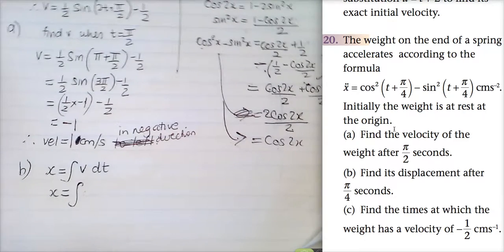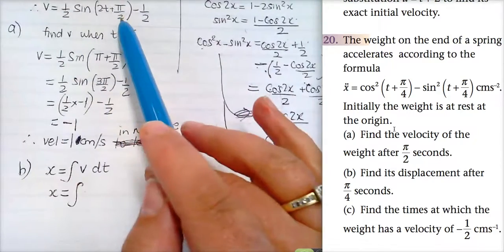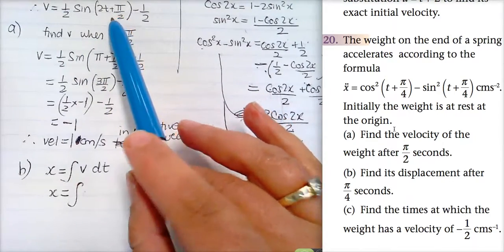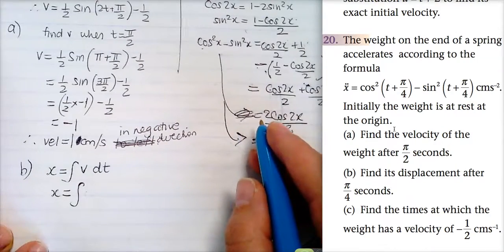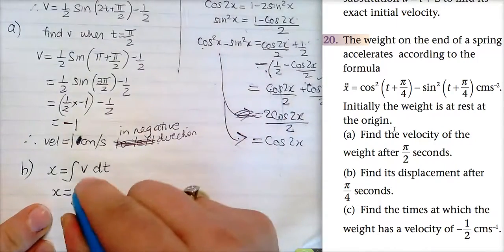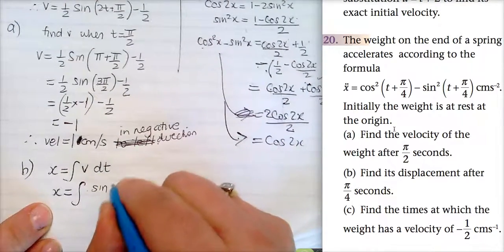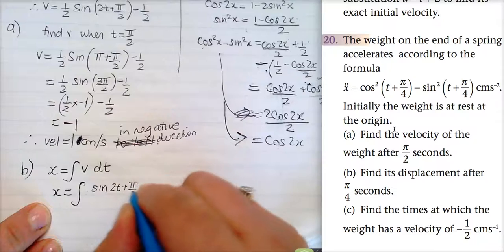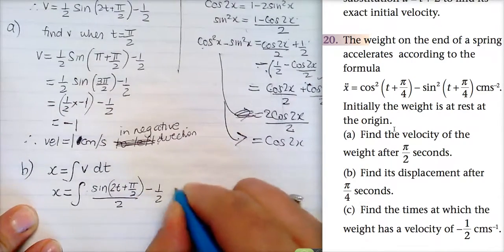Oh, what a pain. What do you want to do? You've got to integrate this. You good? Are you going to take the half out, or are you going to put them over 2? Or just leave it? All right, we go sine 2t plus pi on 2 over 2 minus a half dt.